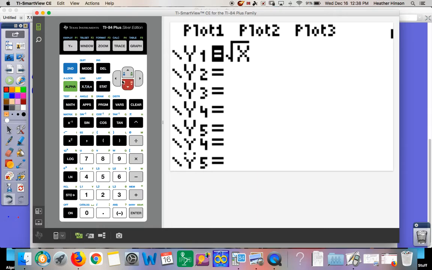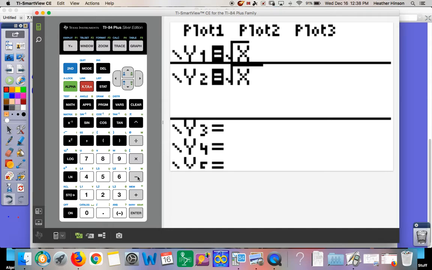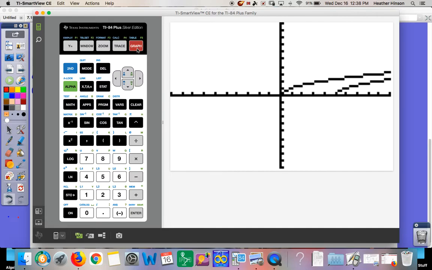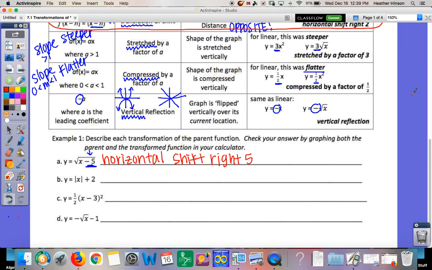And then I'm going to plug in this equation: square root of x minus 5. And then we can check it out. So graph it. This is our original. It's just going to shoot off from the middle. And our new equation moved over 1, 2, 3, 4, 5 spots to the right. So it was a horizontal shift right 5. So we know our transformation is correct.